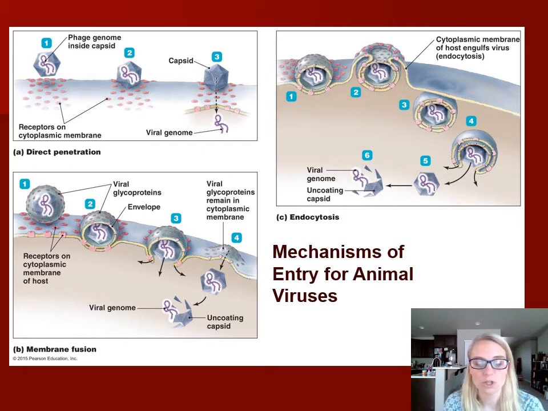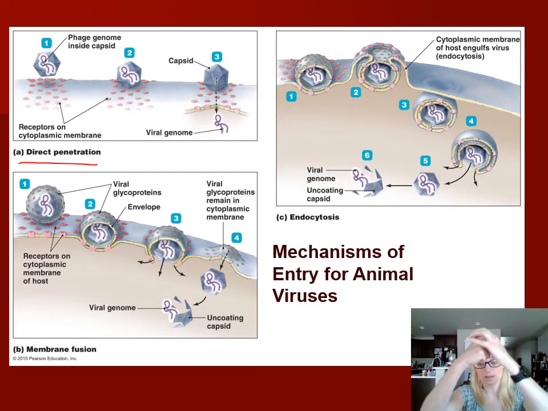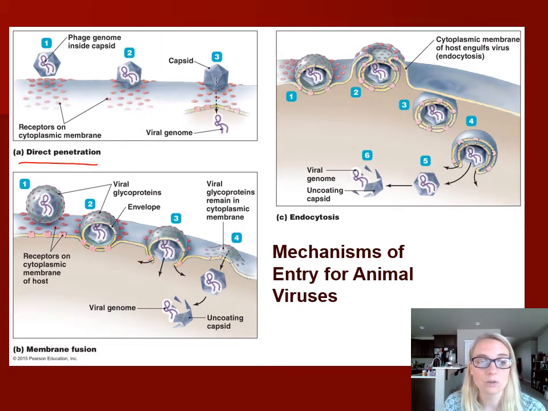Direct penetration is where there are receptors on the cell surface, and they could be for anything. It could be for a hormone, or an antibody, or something that the cell normally has on its surface. The virus that can infect that cell has something on its surface that, when the two meet, works like a lock and key. So the receptors recognize the virus.